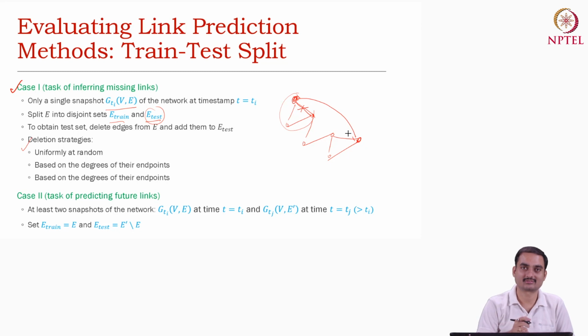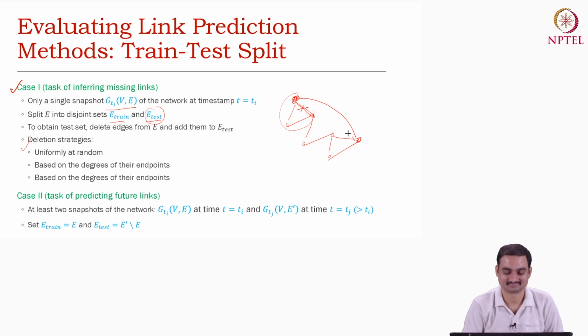So now the question is, how do you choose this E test? Oftentimes I have seen people cheat. People selectively remove those edges which are easy to predict, and then show that look, our algorithm produces 90% accuracy, 95% accuracy, and so on.